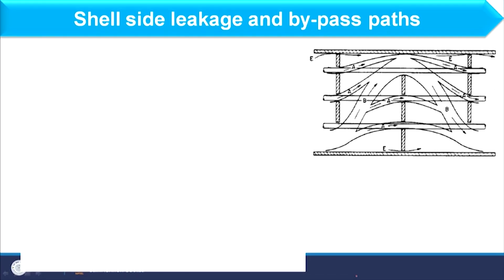Okay. So, what are the different streams which are related to shell side, that we are going to discuss now. If you see, this is the schematic where this is shell, and these sections are basically baffles, and we have different streams like E, A, B, like that, and other streams also which are not shown over here, that I will discuss.